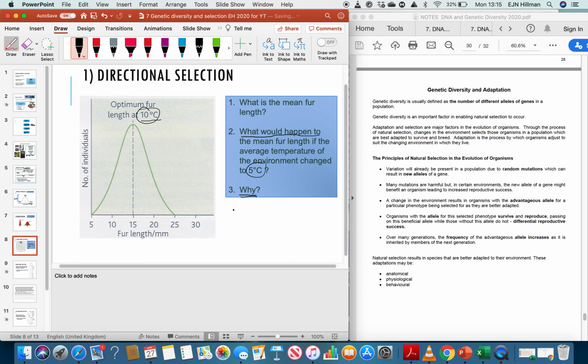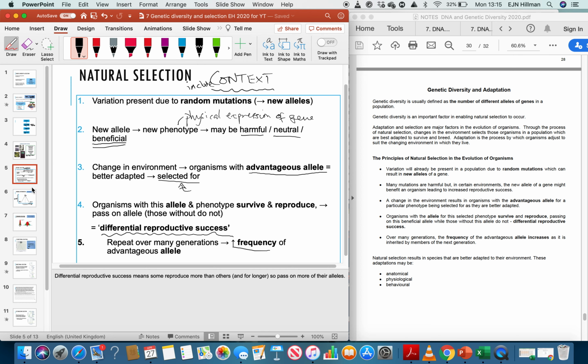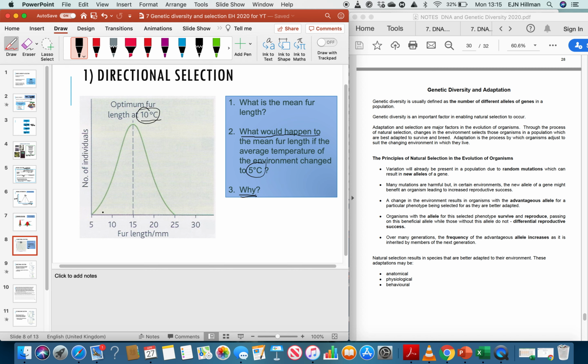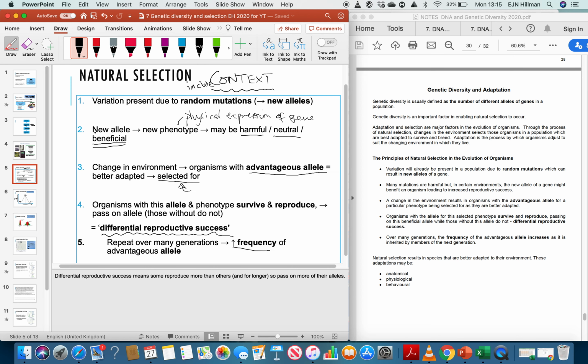Okay, so what can we see? Well, let's look back at the first part of natural selection. Variation present due to random mutations. So there is variation in this population due to random mutations. There are alleles which are beneficial after that change in the environment.